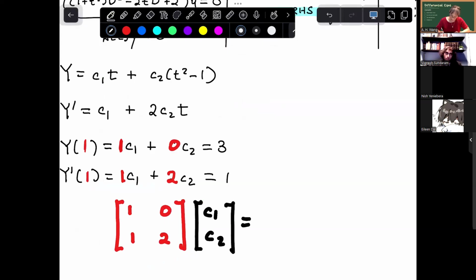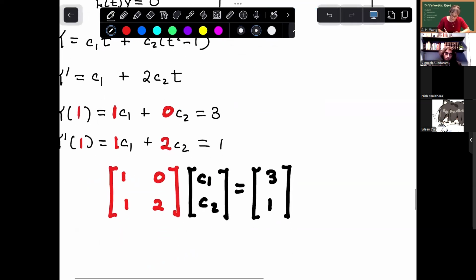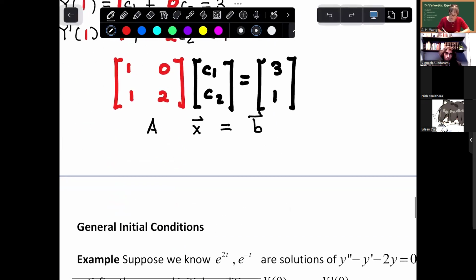And it's going to be 3, 1. Okay. So that what you have is you have AX equal B. And this is 2 minus 0, and it's not equal to 0. So A inverse exists. So X equal A inverse B.